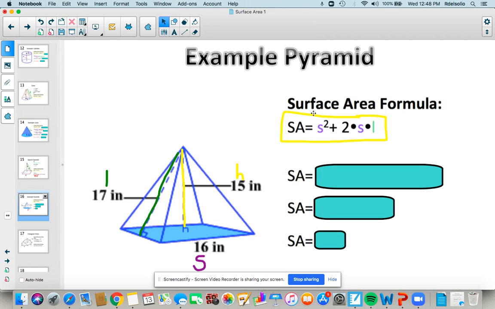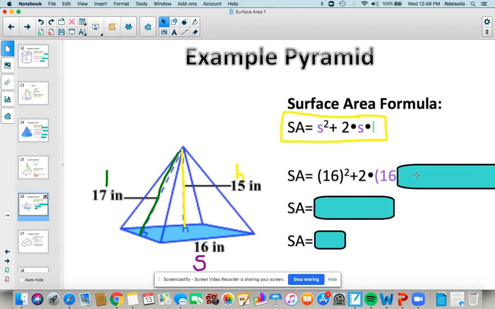So let's plug in our information. We have surface area is S squared, so S is 16: 16 squared plus 2 times S again, which is 16, times L, which is 17.